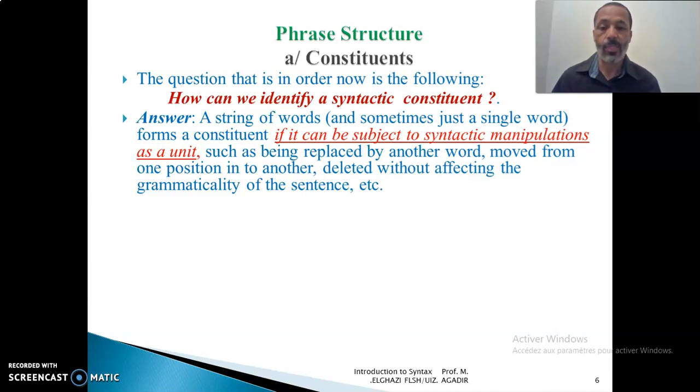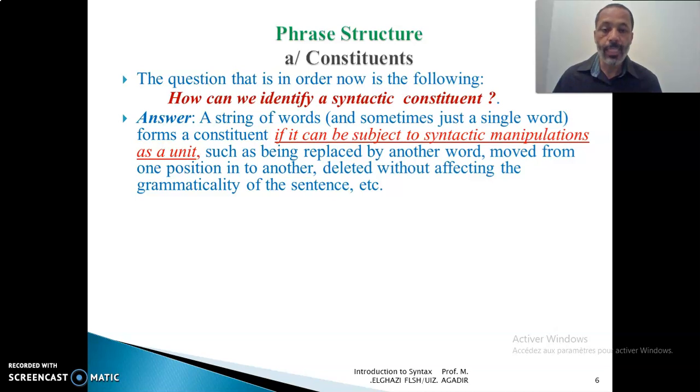forms a constituent if, and this is a condition, it can be subject to syntactic manipulations as a unit. What are the syntactic manipulations? For example, it can be replaced by another word, moved from one position to another in a sentence, or deleted without affecting the grammaticality of the sentence.